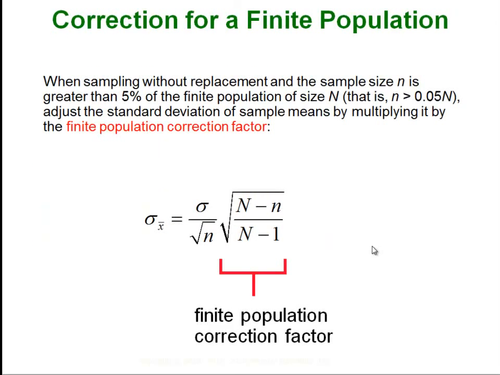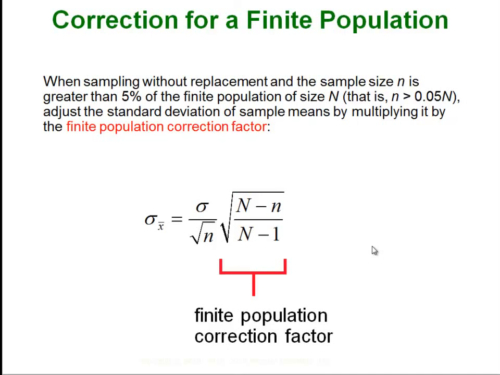The last thing to talk about, and it's a very small thing that we probably won't use very often, so you can, for the most part, probably ignore this, is that whenever you're sampling without replacement and the sample size is greater than 5% of the finite population size, right?